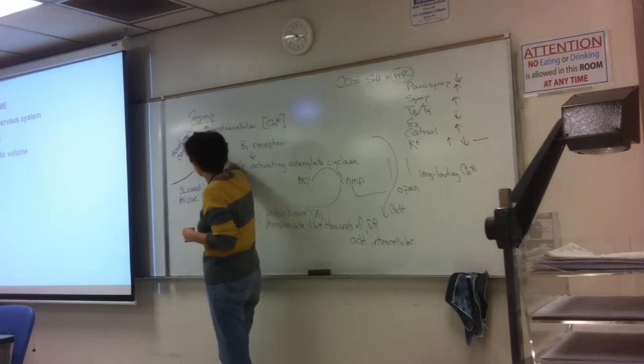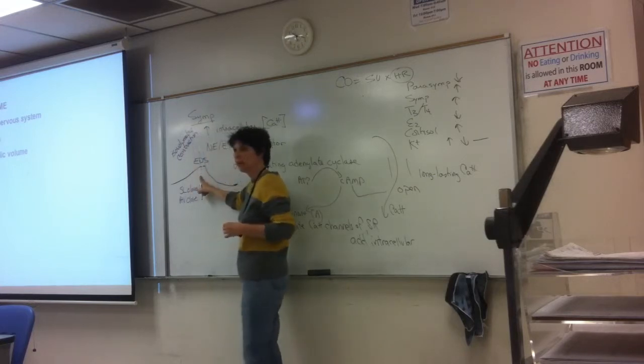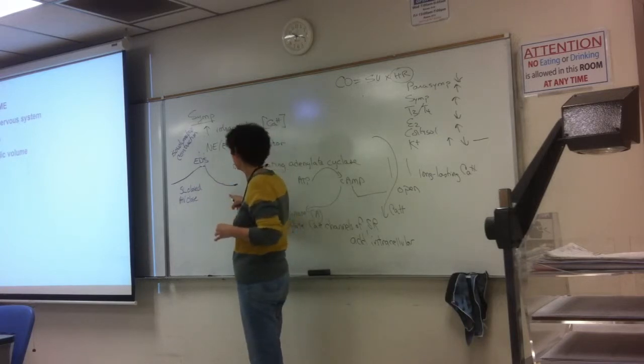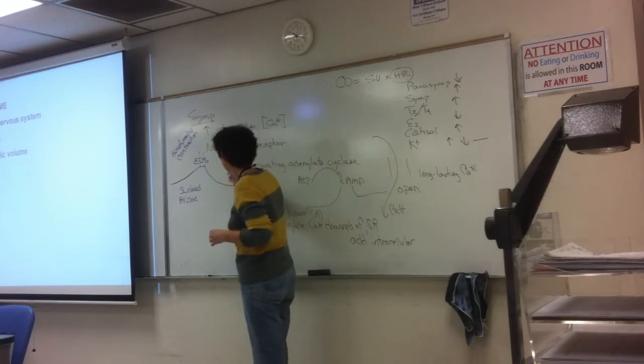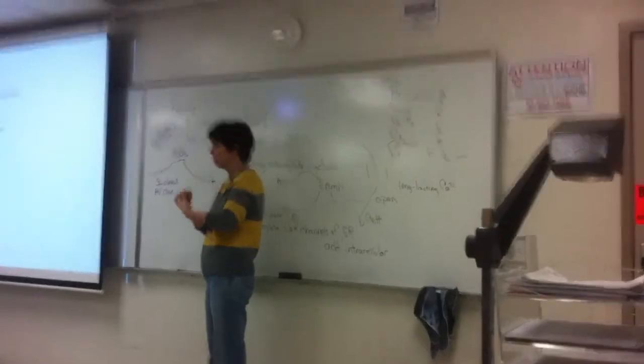Pressure continues to rise and the semilunar valves open. As soon as the semilunar valves open, we see a decrease in ventricular volume. Does that make sense? It's being ejected into the aorta. That stops when the heart relaxes and the semilunar valves close again.